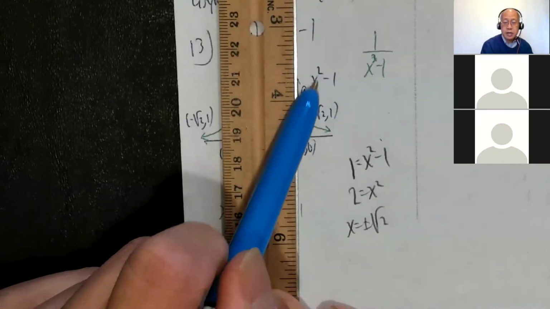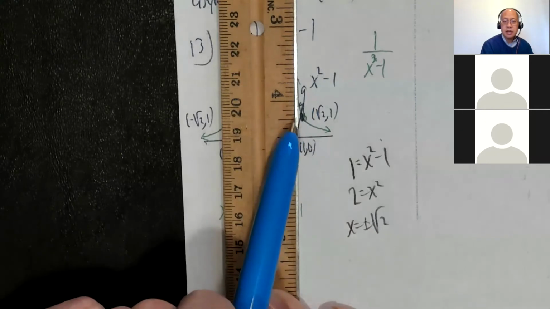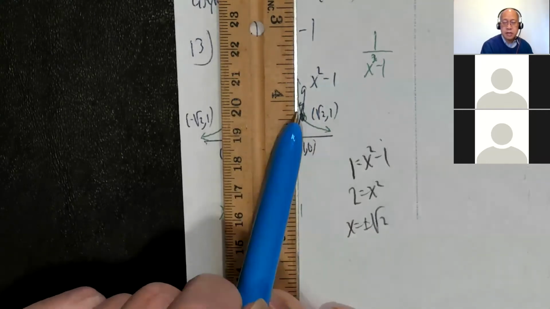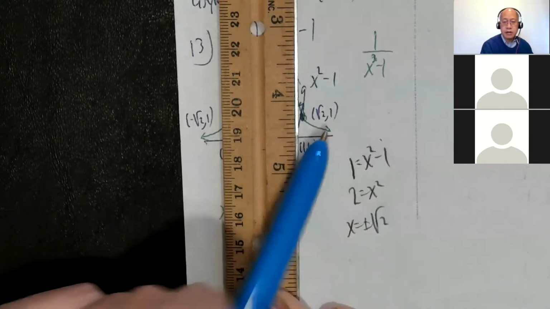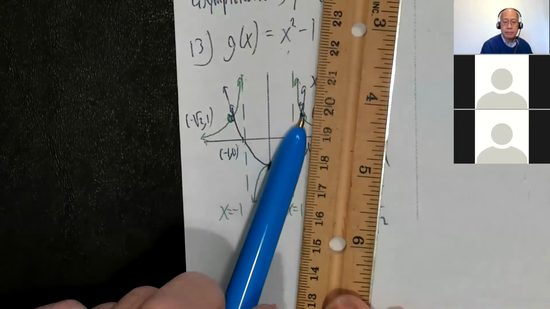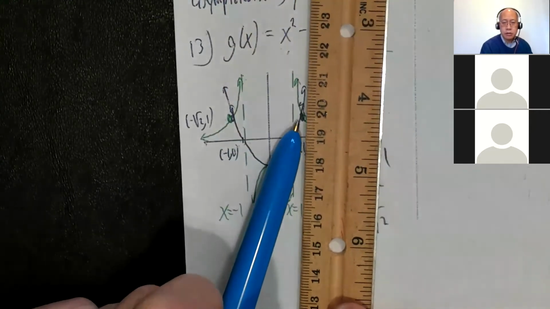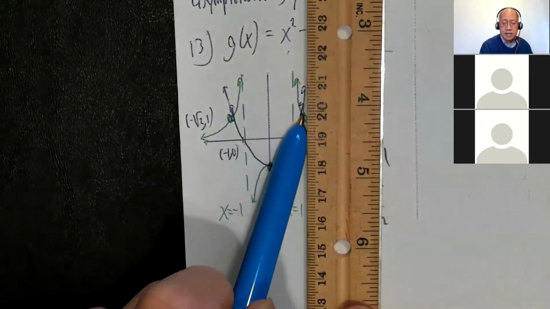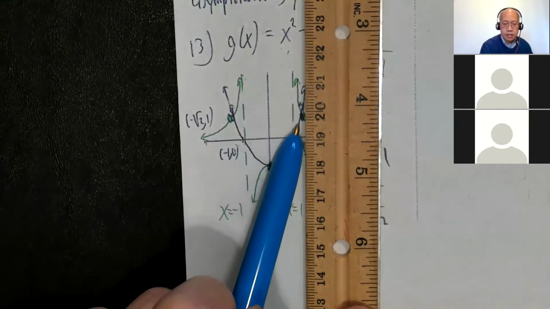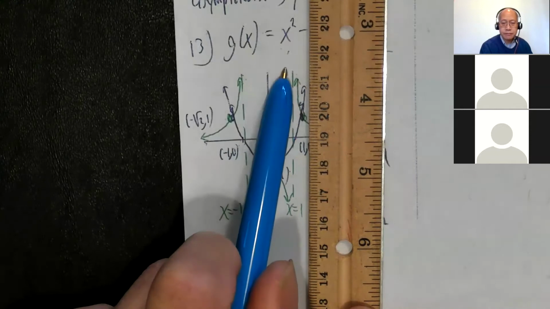Okay, so here, the original increases, therefore the reciprocal decreases. Increasing, decreasing. Now here, I come back down towards 0. So if I go from right to left, this decreases. So if this decreases, this must increase.